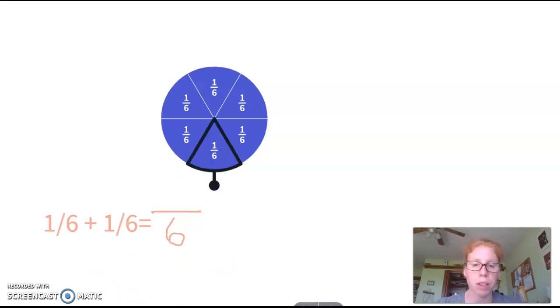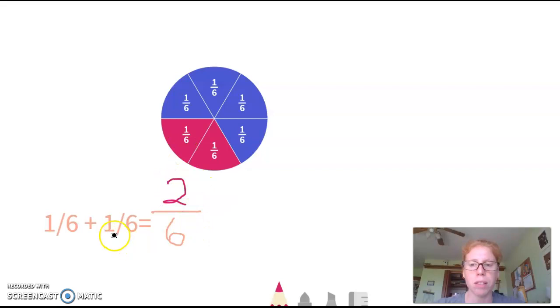So I've got 1/6 right here, and I'm just going to change its color to represent that we're working with that. And remember, when we add amounts, we are putting things together. So I've got 1/6 highlighted. Let's just put the other one next to it and highlight that one. All right, so I've highlighted 2/6 pieces, right?